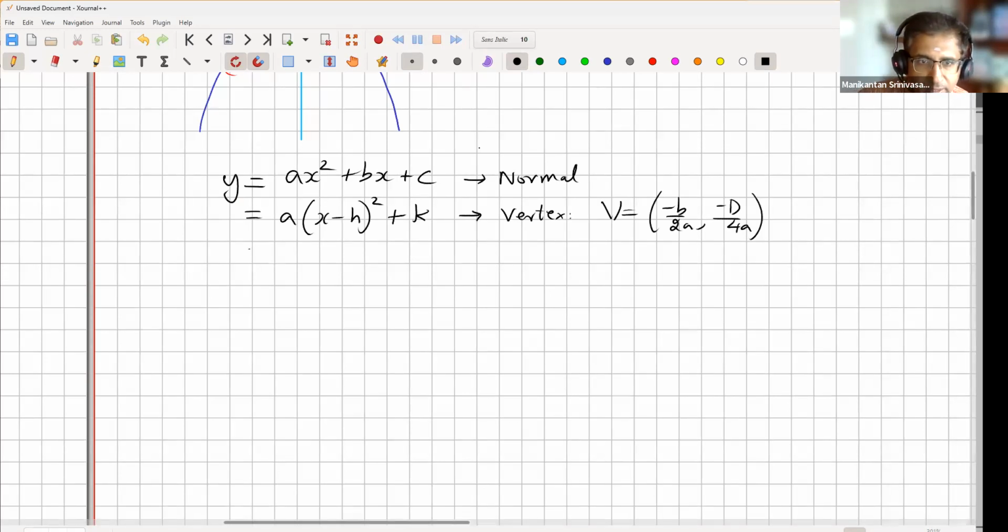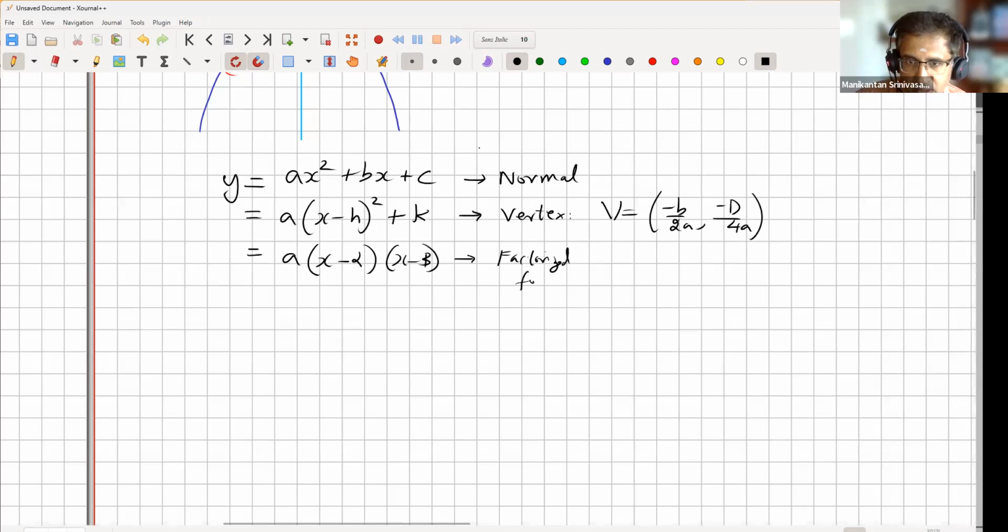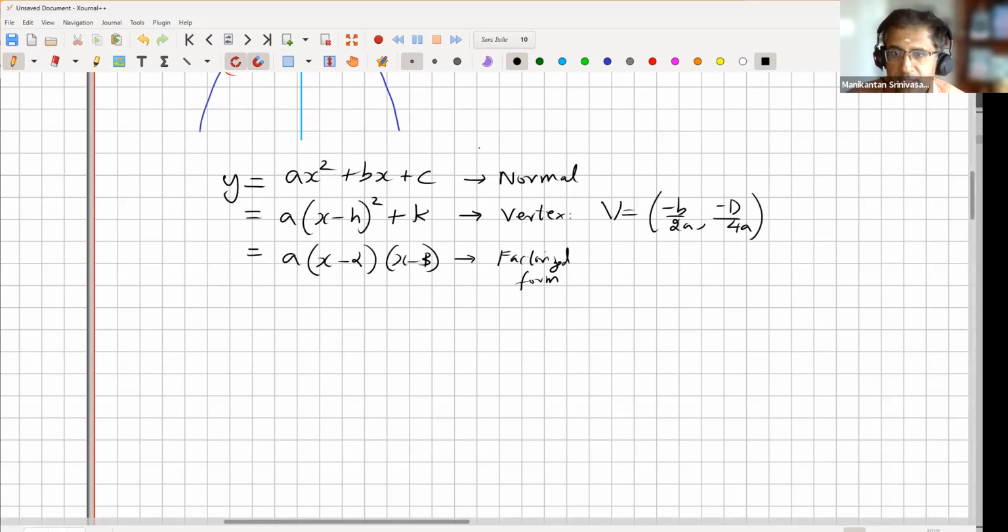And the third form is a times (x minus alpha) times (x minus beta). Right? This is the factorized form, which will help us solve for alpha and beta, which are the roots.